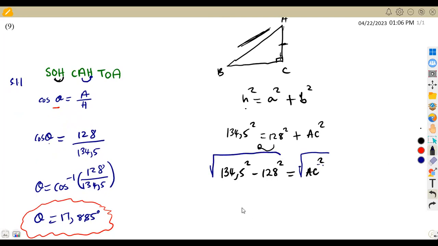That is going to give us AC. From our calculators, we obtain something like 41.30677 and so forth. To 3 decimal places, this is going to be 41.307, since the 6 changes to 7, in centimeters. So that is our AC.